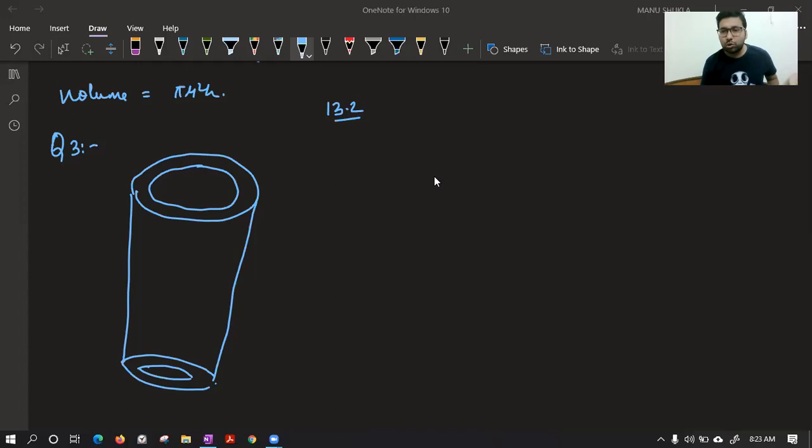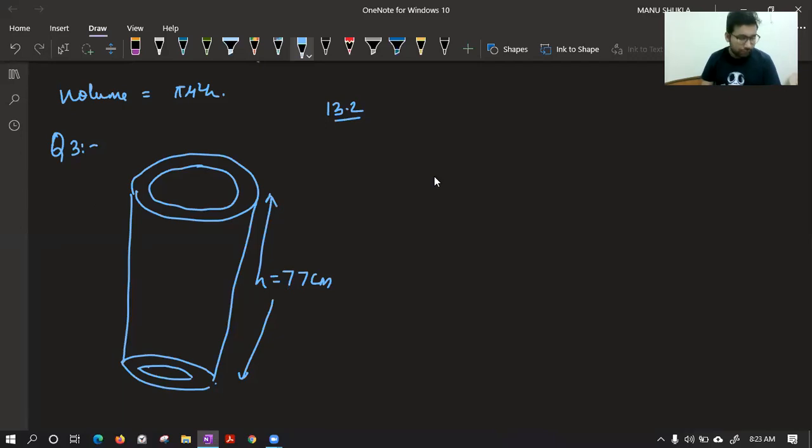Now, what is the question? Let us see. The question is, a metal pipe is 77 centimeter long. So we have the H with us. H is equal to 77 centimeter. The diagram is not correct. When you make it in your copy, try to make it straight. Okay. It is a right circular cylinder. Now, the inner diameter, sir, I am taking a glass.